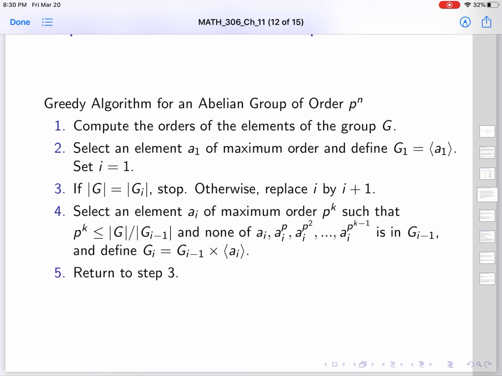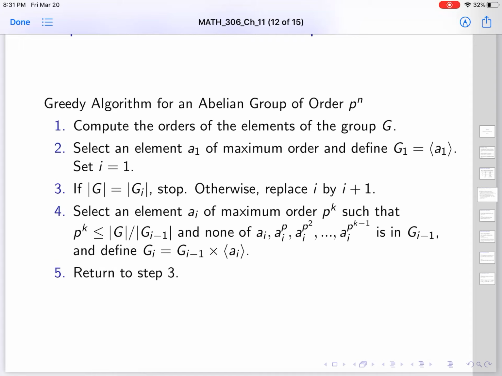We select an element ai of maximum order p to the k, such that p to the k is less than or equal to the order of G divided by the order of Gi minus 1, and none of ai to the p, ai to the p squared, etc. is in Gi minus 1.